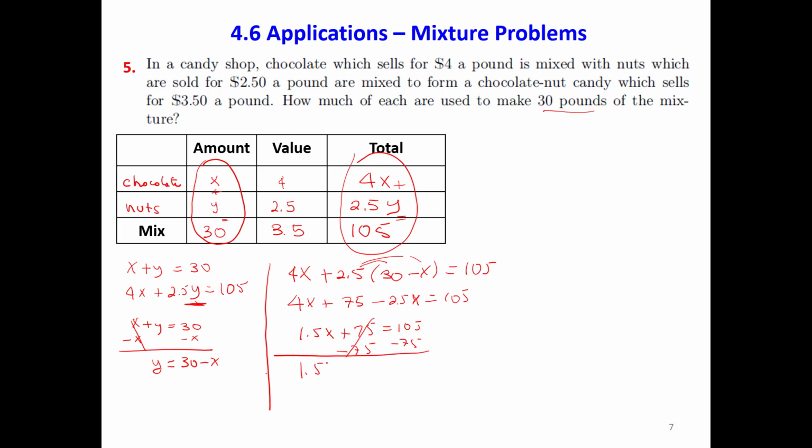Then 1.5x equals 30. Divide by 1.5 on both sides. x equals 20.